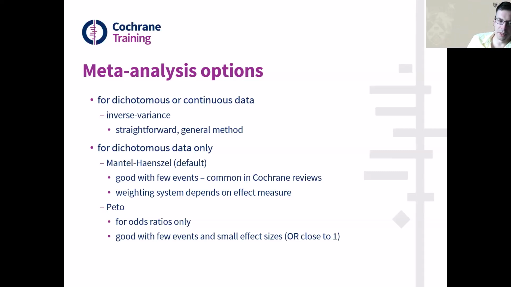It's straightforward to use. It's the one that pretty much everybody uses. And it's available for essentially any kind of data. Dichotomous, continuous, and other forms of data also work very well with inverse variance approaches.